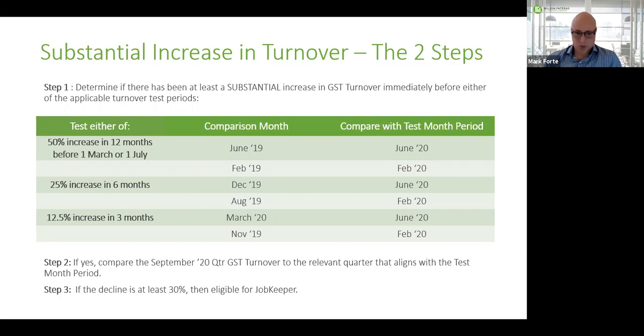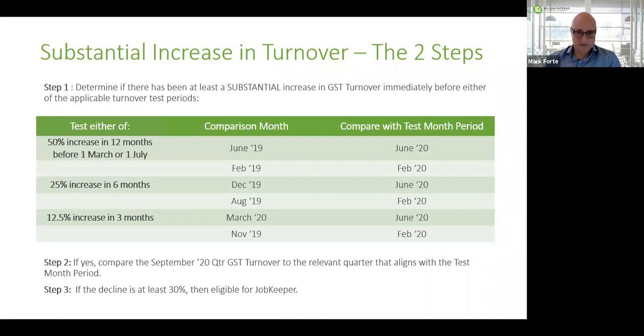But what's important to note here is that it's a month-to-month comparison. If we look at the top line, June 19 to June 2020, we compare the month of June 2019 to the month of June 2020. We do not compare the year 1 July to June 19 and 1 July to June 2020. It is a month-by-month comparison.